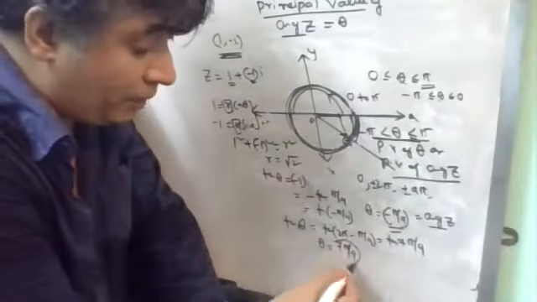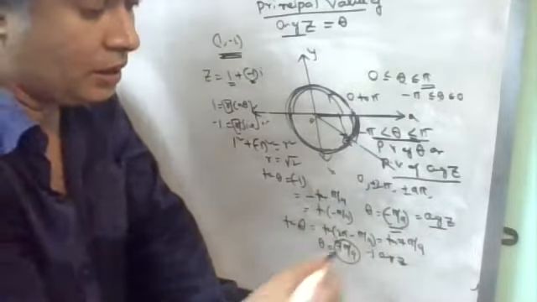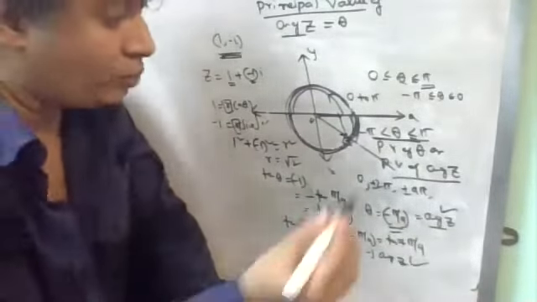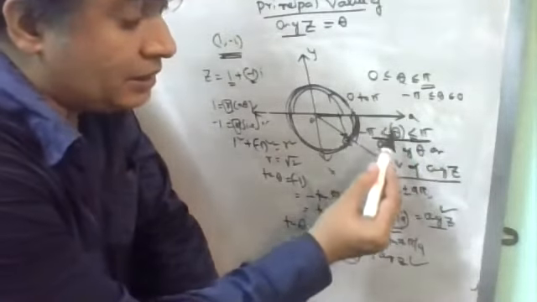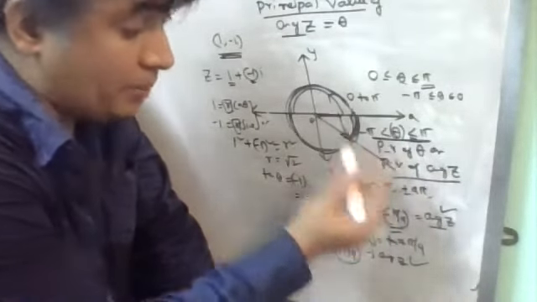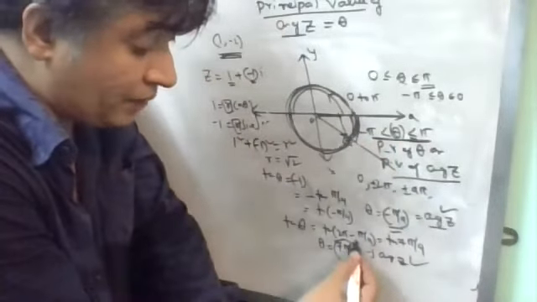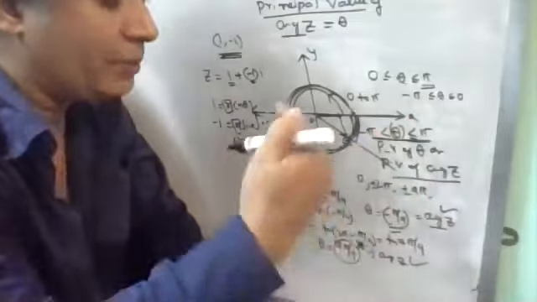So 7 pi by 4 is also an argument. But out of these two, which to choose? Then you have to examine the interval where theta lies. The principal value strictly lies between minus pi and pi, so 7 pi by 4 will not be there, as it exceeds the limit of pi.